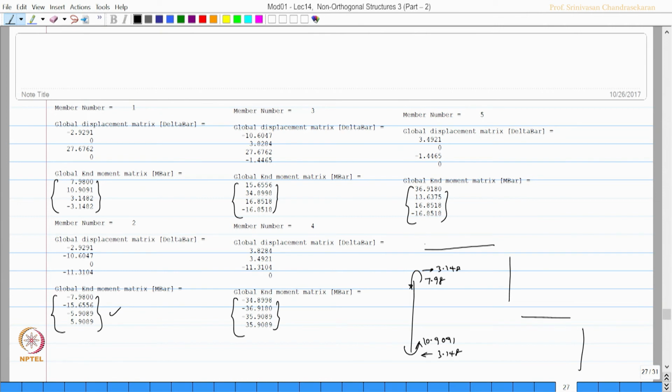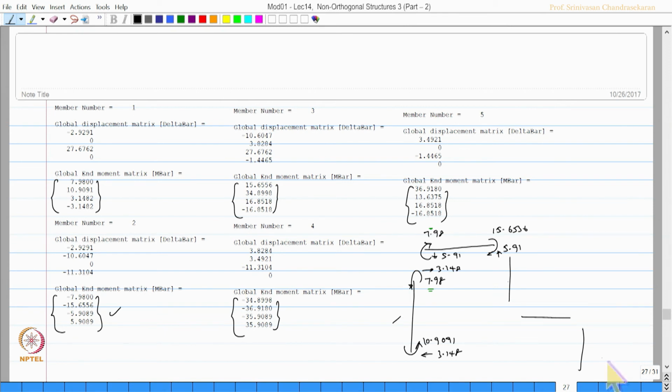So, it is going to be clockwise 7.98, you can see there is a perfect match, this is anti-clockwise and this is clockwise, is it not? So, this is going to be again clockwise 15.6556, this is minus 5.91. This is plus 5.9 and so on. So, you can plot them and interpret them like this.